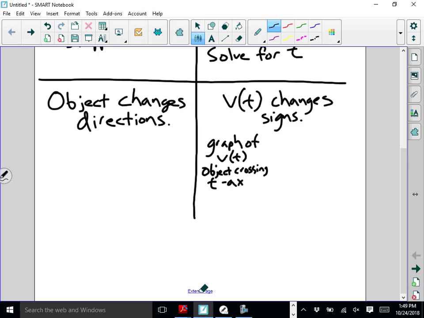So it's got to be a 0, but it's got to be a 0 where we actually cross the axis. If we don't have a graph, if we're working with a function, we know that v of t will change signs at 0. So we want to set v of t equal to 0, we want to solve for t, and then we want to do a sign test.